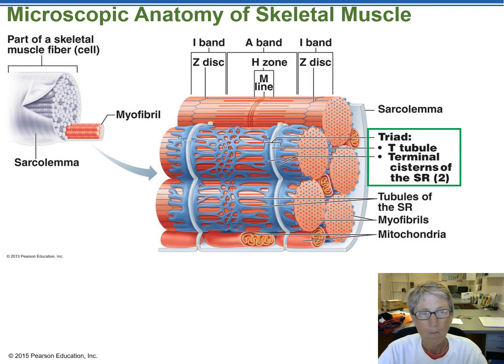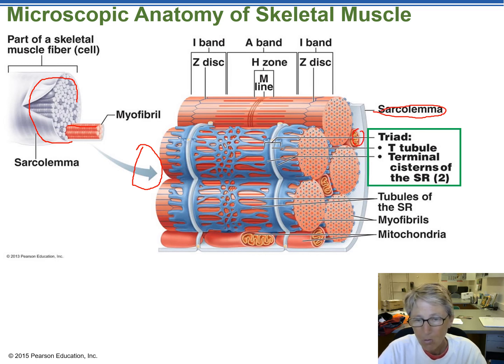Now in this cartoon, we show over here on the left, here's the skeletal muscle fiber, aka a cell. It's made up of a whole bunch of myofibrils, and then it enlarges the myofibril over here in the middle of the screen. And we've talked about these bands and zones. Also here's the sarcolemma, so we go deep to the sarcolemma.